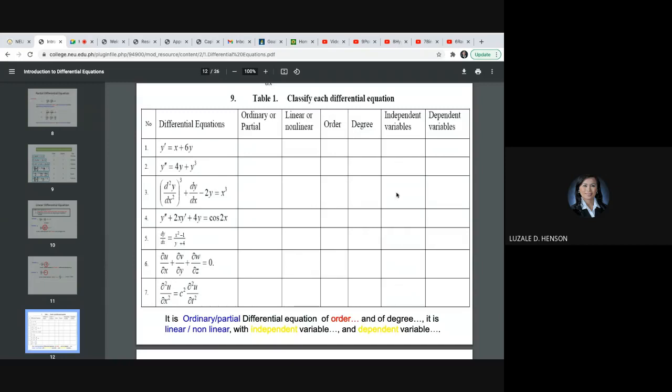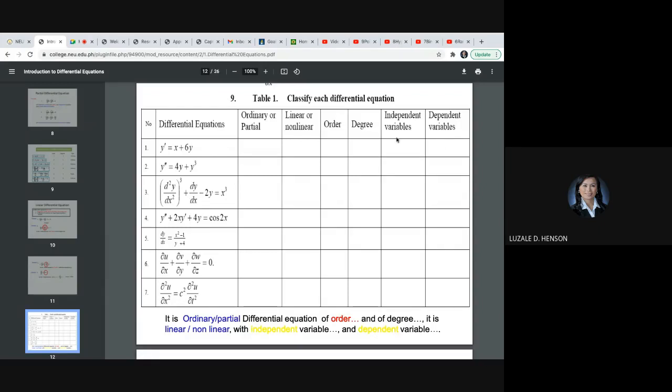Independent variable, that's easy to identify. Independent is in the lower part of the dy dx in that expression. So dy dx, x is the independent variable. You have x, y, z as independent variables. You have x and t as independent variables.